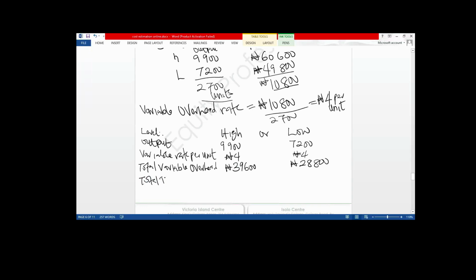Our total fixed overhead. I'll pick the total overhead there at high level: 60,600 minus 39,600. At low level, this one is 49,800 minus 28,800.